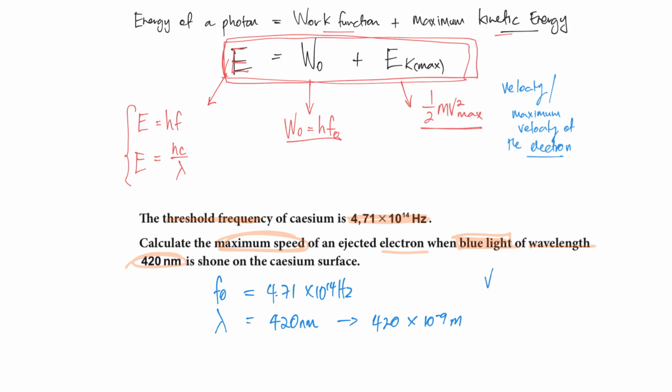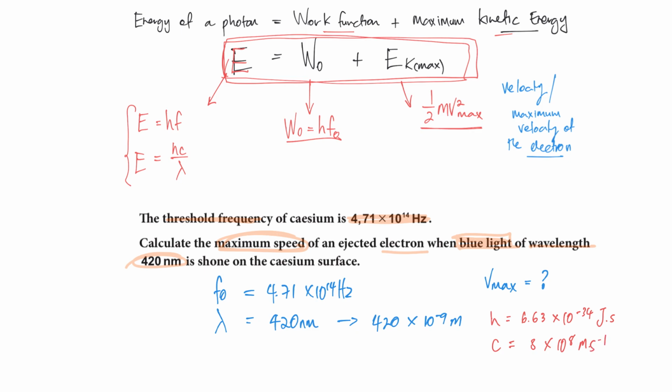They want velocity, so they want Vmax. That's the information that I have so far. Other information I can take from my formula sheet would be H, which is 6.63 times 10 to the power of negative 34 joule seconds, and C, which is 3 times 10 to the power of 8 meters per second.